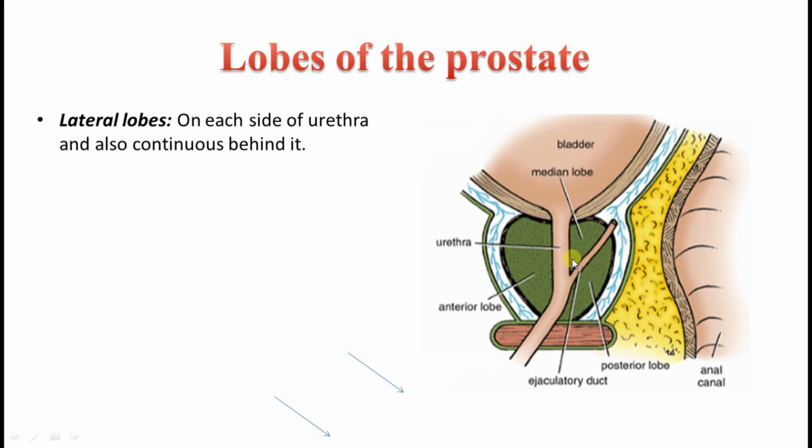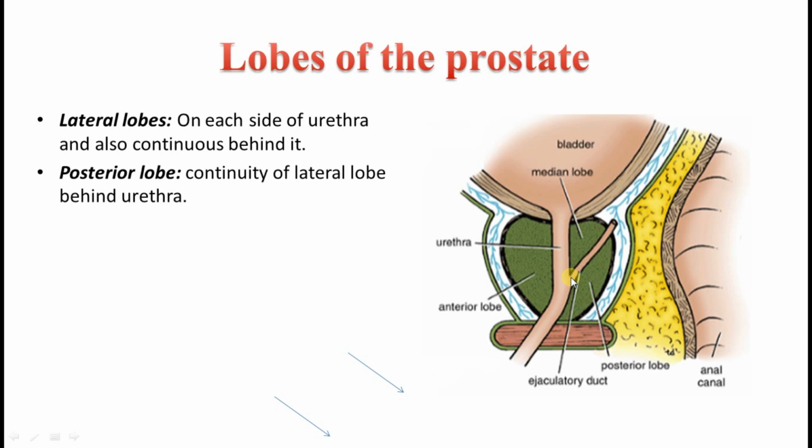So on either side of the urethra, what happens is they actually have a partition only superficially, these lateral lobes, but posteriorly both the lateral lobes are continuous with each other on either side of the urethra, and that continuation of the lateral lobes behind the urethra is considered as the posterior lobe by the surgeons. So that is how the posterior lobe is actually classified with respect to surgery.